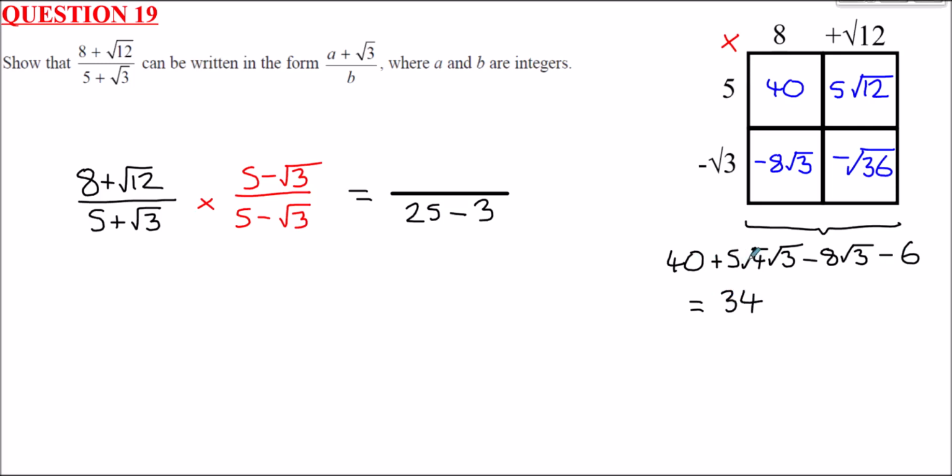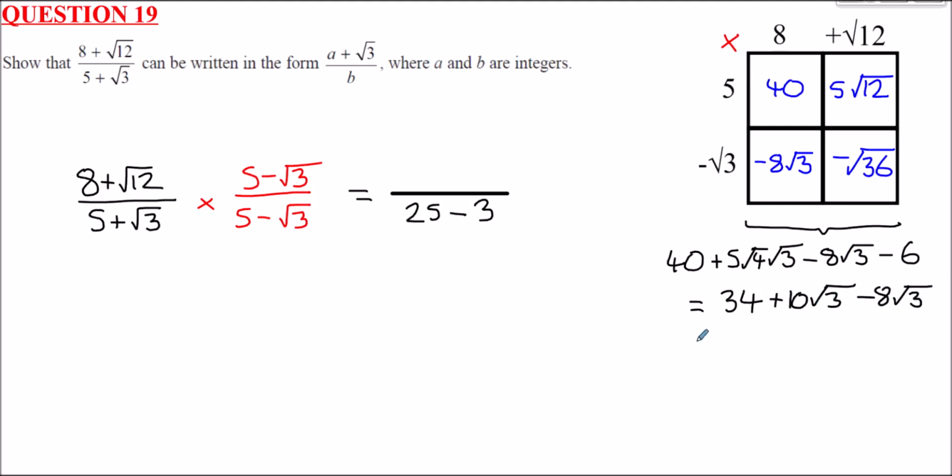Now this 5 root 4 root 3, well, the square root of 4 is 2. So 5 times 2 times root 3 is the same as saying 10 root 3. So I've got 10 root 3 there, but I'm taking away 8 root 3 over here.